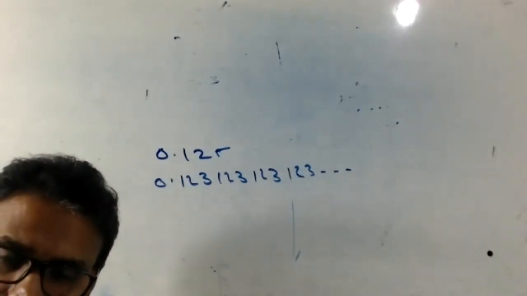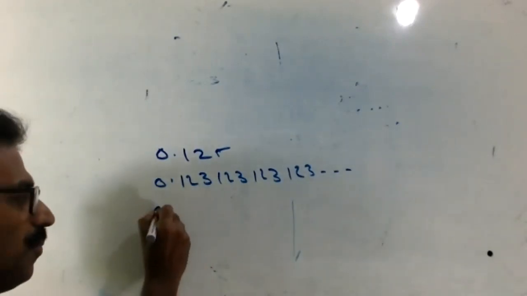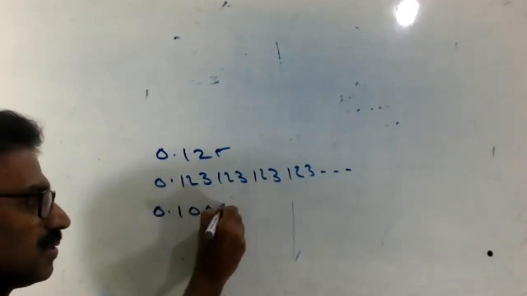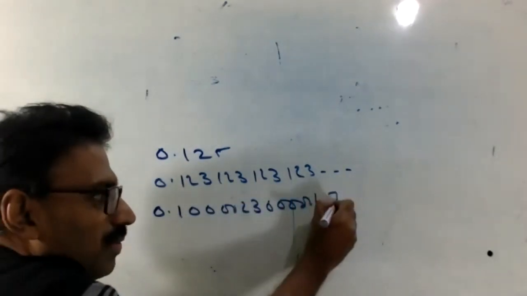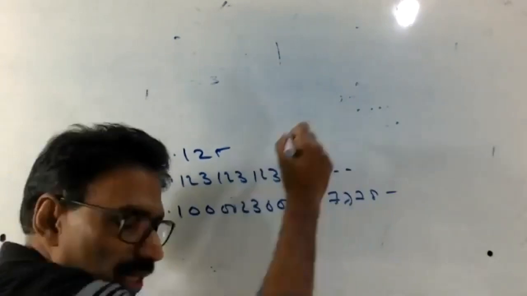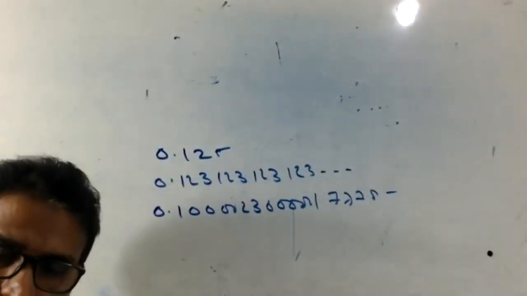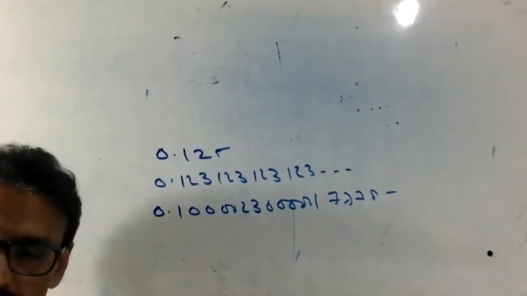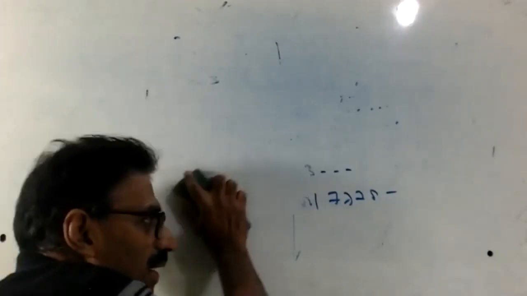Irrational numbers are non-terminating, non-repeating, like 0.1000002300001 or 7778, like that going on. Not in any order. Non-terminating, non-repeating. Okay, now come to our questions.